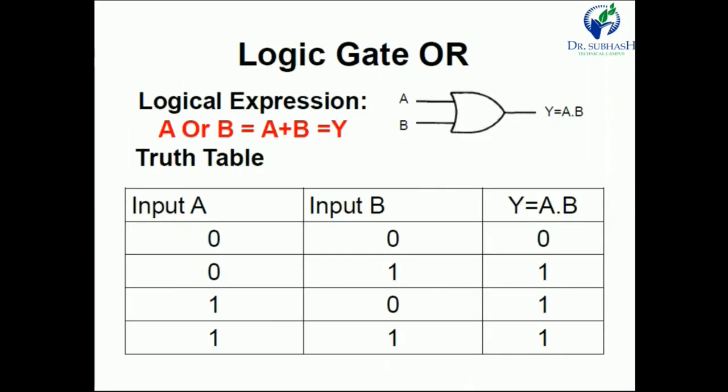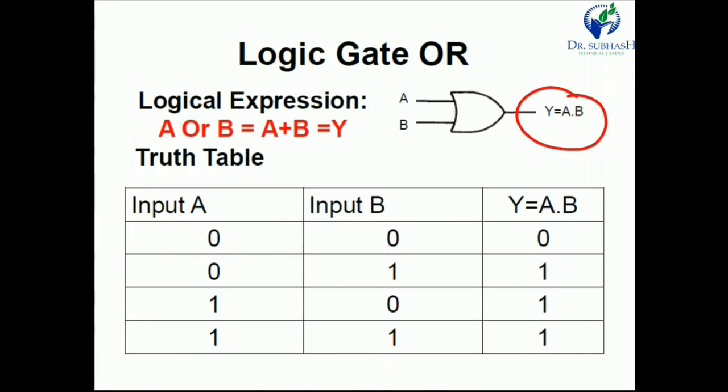Now this is the symbol, with inputs A and B. Here you have to remember, to avoid some mistakes: y is equal to A plus B. You have to remember A plus B, because this is the OR operation. So OR is nothing but the plus operation, and AND is nothing but the dot or multiplication operation.